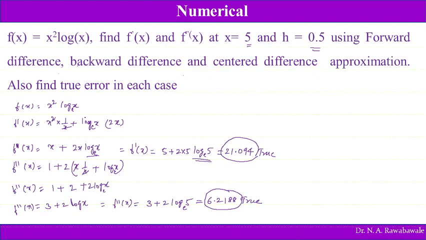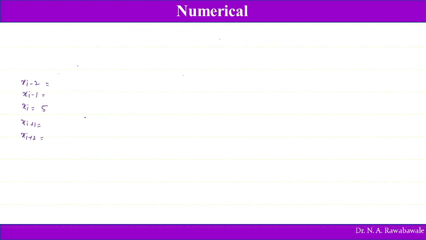So we can see here xi, h is 0.5. So 5 minus 0.5 we get 4.5, and here 4. And 5 plus 0.5 means 5.5, and here we get 6.